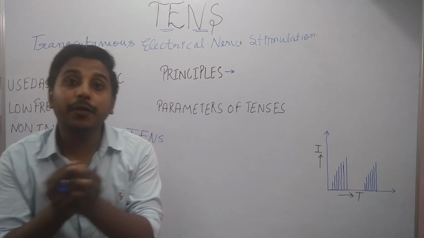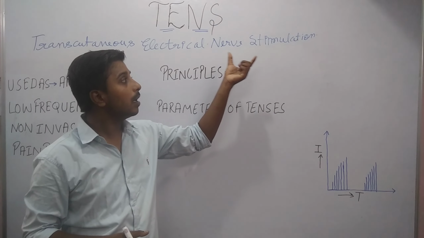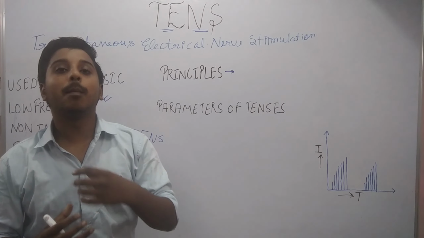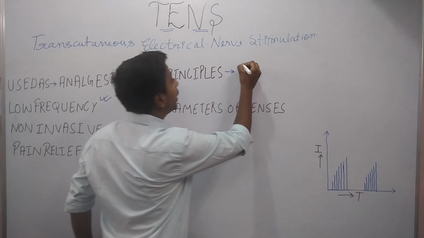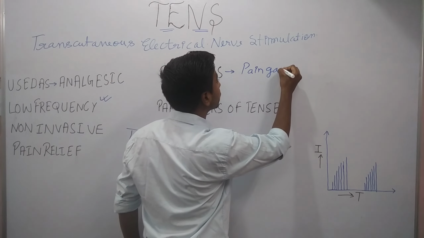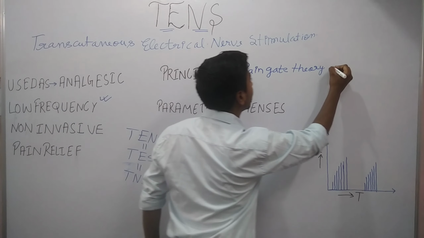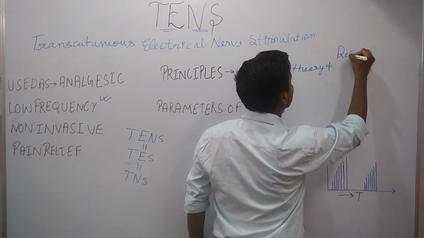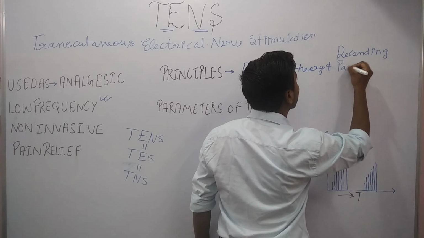Definitely, it is the afferent or sensory nerves which are stimulated by TENS, which do the pain modulation, and it is by two methods: the pain gate theory and the descending pain pathway.